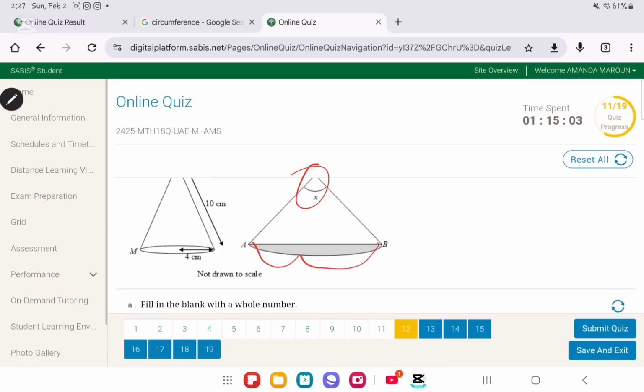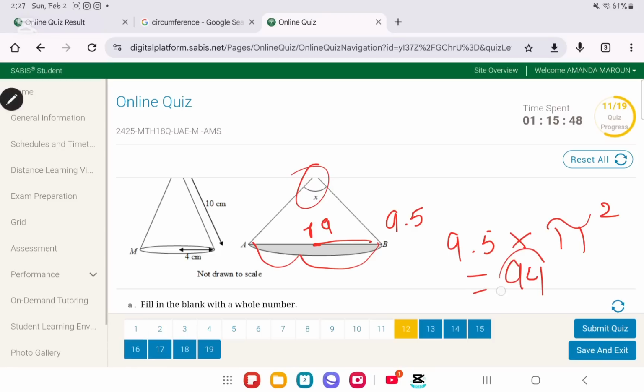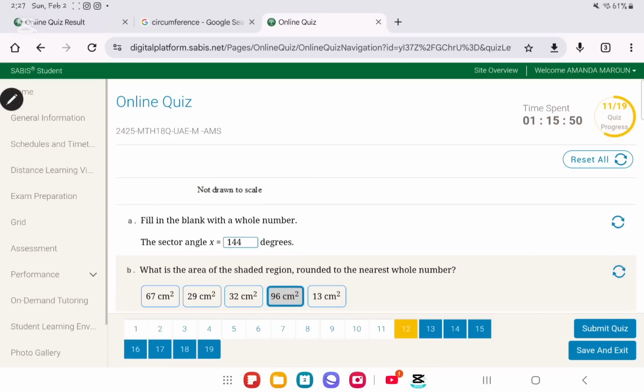I took the square root and got an answer of 19. I found the radius, which is half of it, which became 9.5. And I did 9.5 squared times pi, and I got an answer of approximately 94. And then I found that 96 was the closest. So please do ask your teachers, because I'm not really sure how to do this.